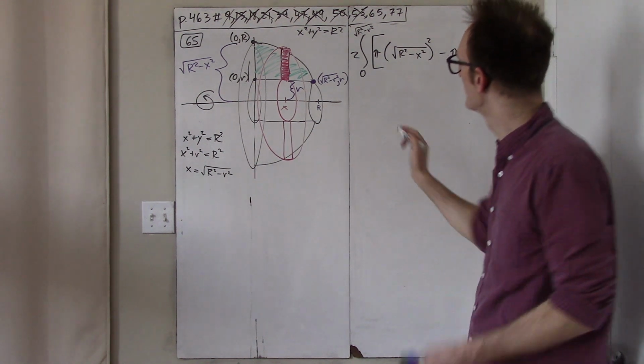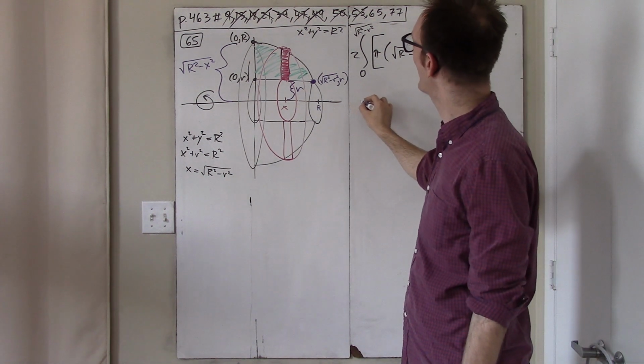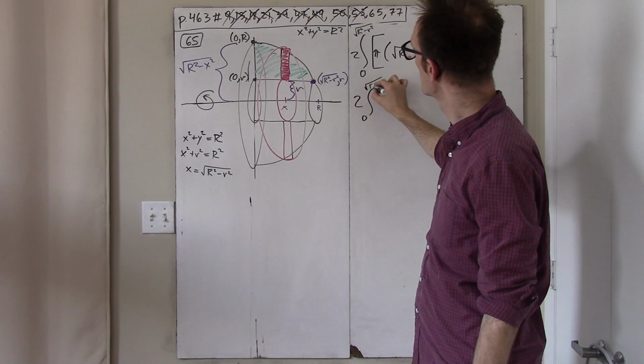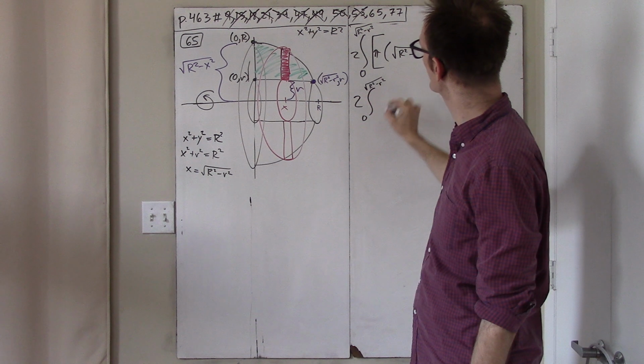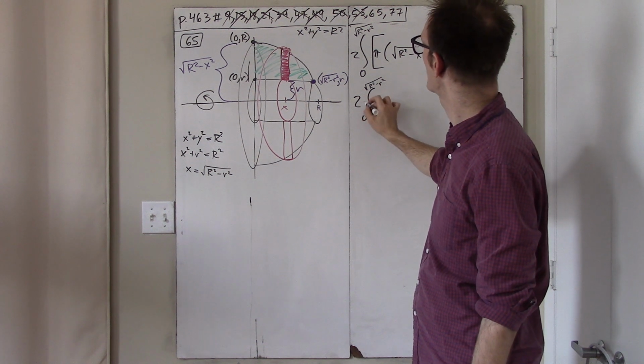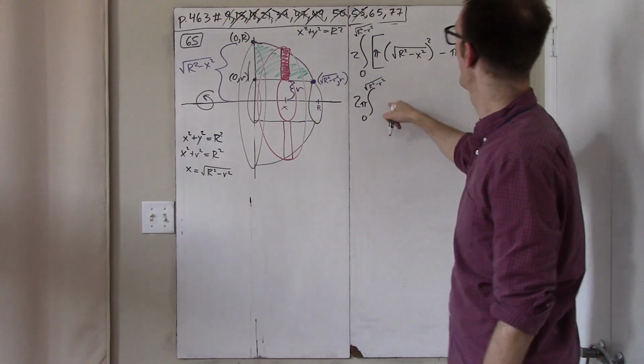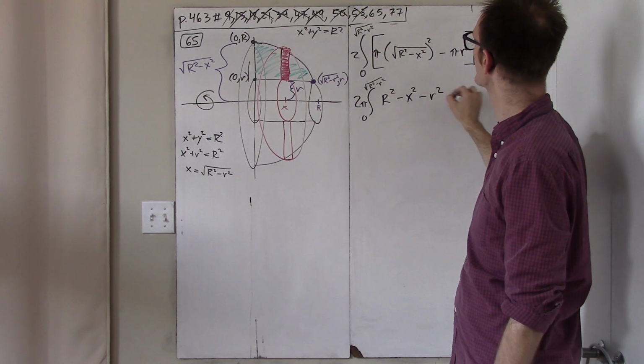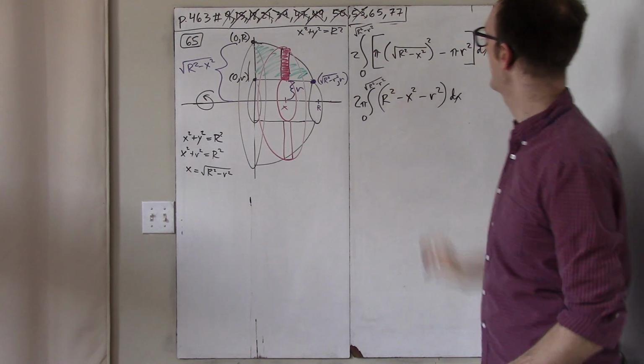Whew, okay, so this becomes 2 times the integral from 0 to root big R squared minus little r squared. I guess there's a pi on the outside here as well, and then that becomes big R squared minus x squared minus little r squared dx.